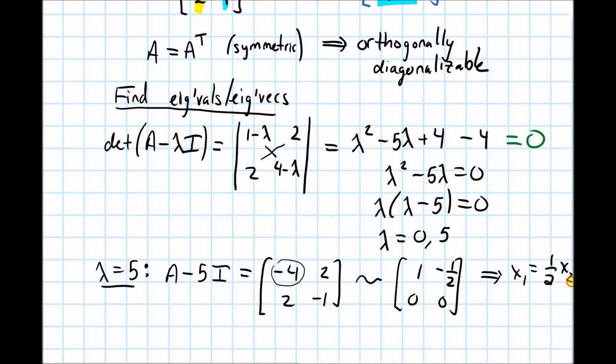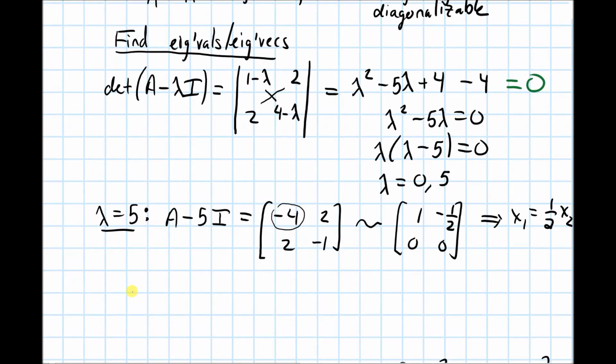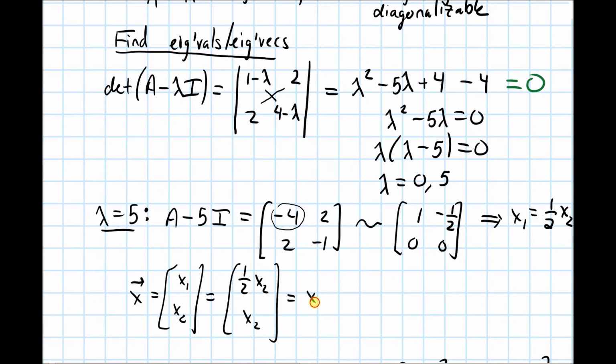Now if I write down my answer as a vector, x is x1, x2. x1 is 1/2 x2, and x2 is free, so we leave it as x2. If we factor out the x2, we get x2 times the vector 1/2, 1.